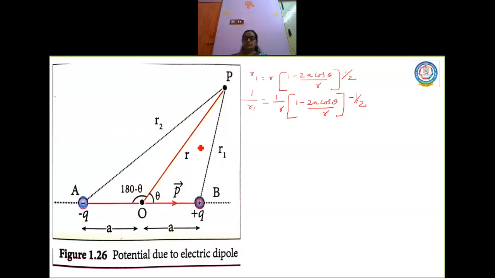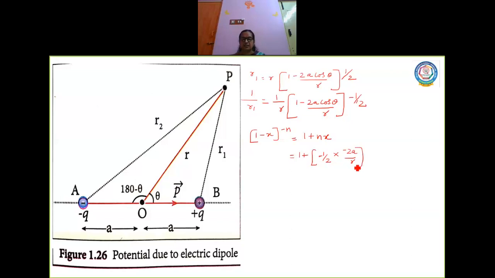Now I am going to use the binomial theorem. The binomial theorem I am using is 1 minus x the whole power minus n. I will take only the first term, neglecting all the higher terms: 1 plus nx. Here n will be half and x will be minus 2a cos theta by r.